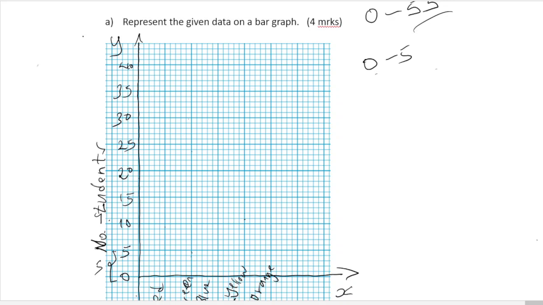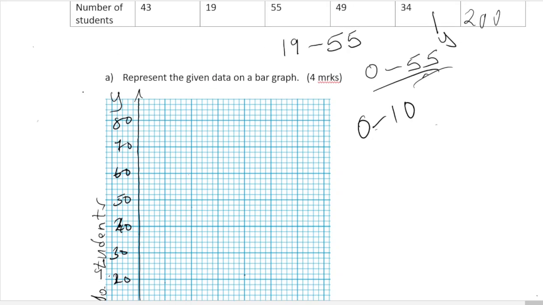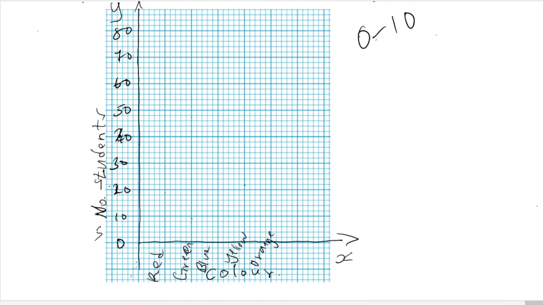You can see it is not getting to 55, so 0 to 5 is not a good scale. Maybe we can try 0 to 10 and see if it will fit in this Cartesian plane. If we say 0, 10, 20, 30, 40, 50, 60, 70, 80, you can see 55 is within the range, because we just need between 0 and 55. So this is a better scale.